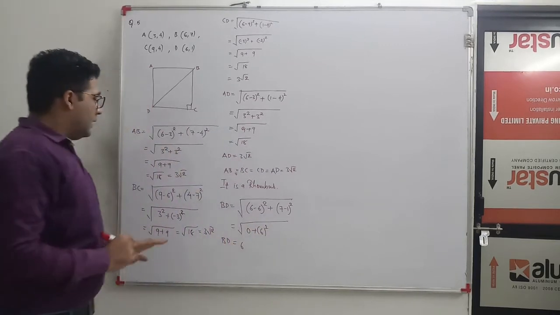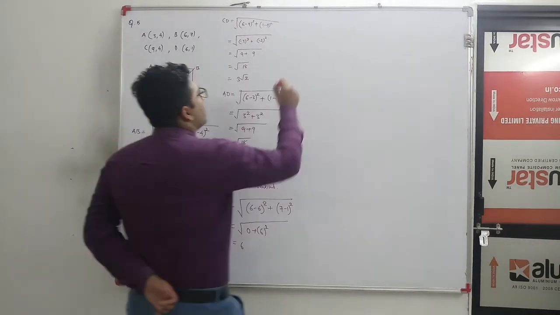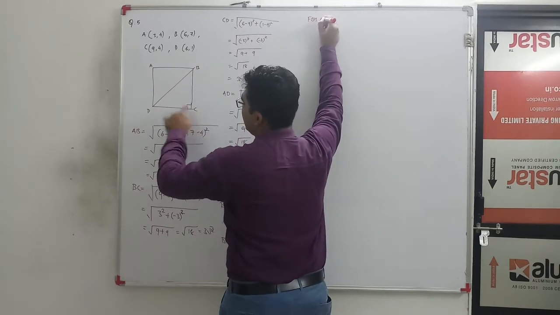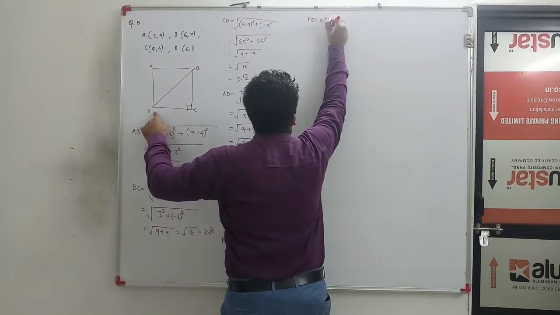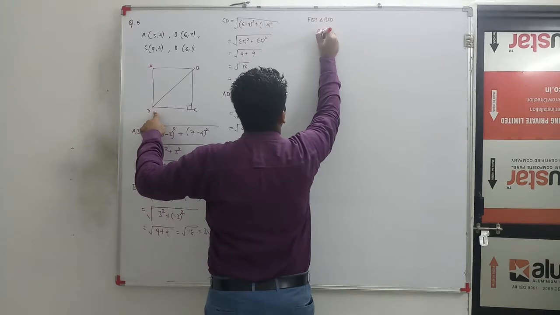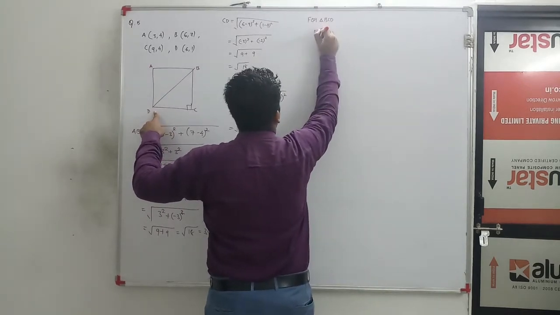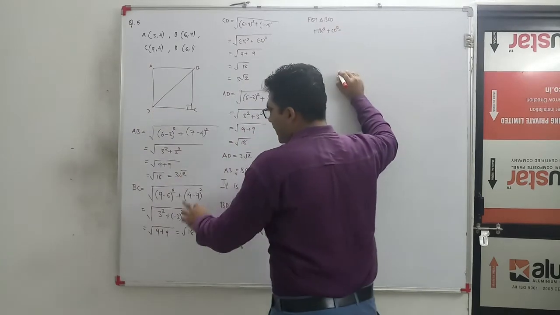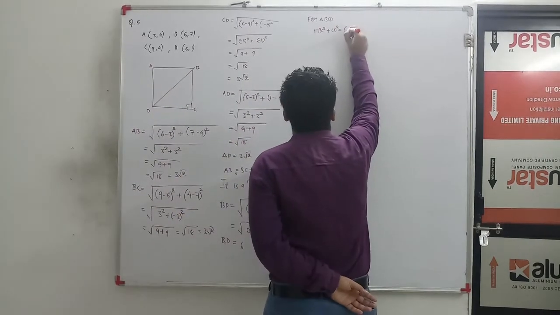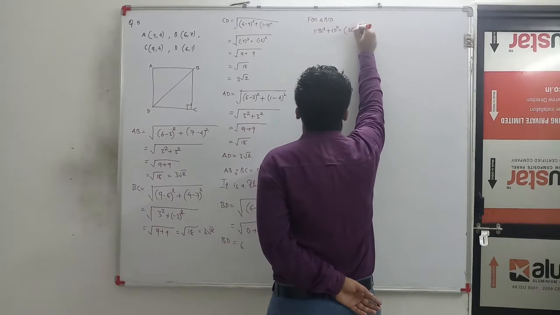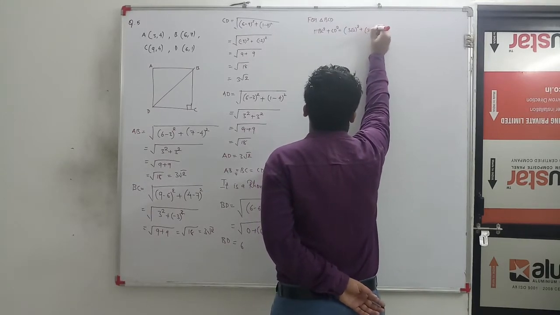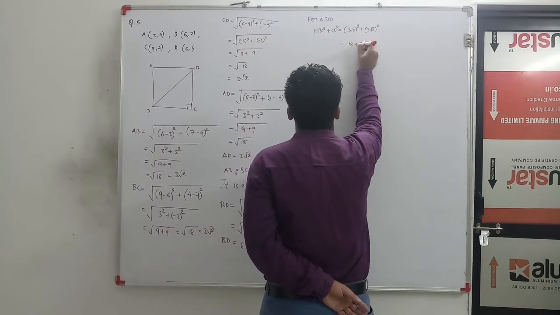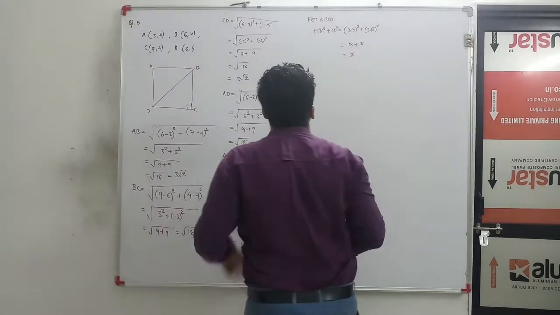Now here I am using the formula for triangle BCD: BD square should equal BC square plus CD square. BC square plus CD square means 3 root 2 whole square plus 3 root 2 whole square, which is 18 plus 18, so it becomes 36.